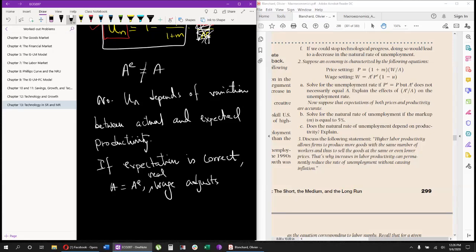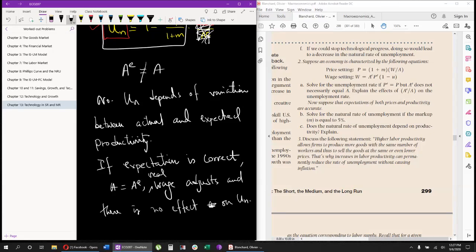And if you expect technology to improve or become worse, you're going to adjust your wage accordingly. So wage adjusts, and there is no effect on the natural rate of unemployment.